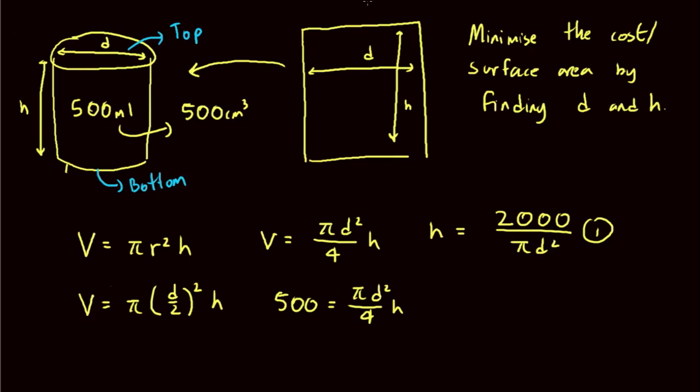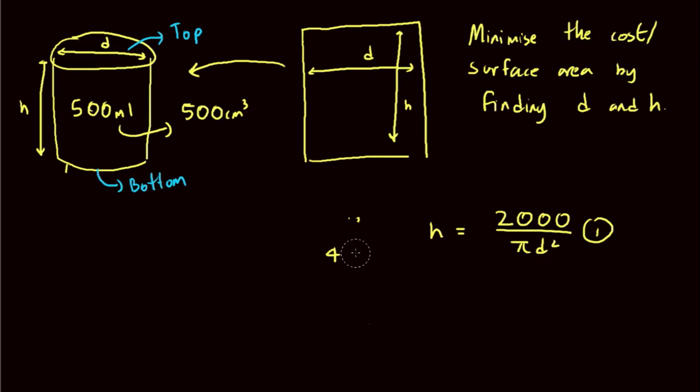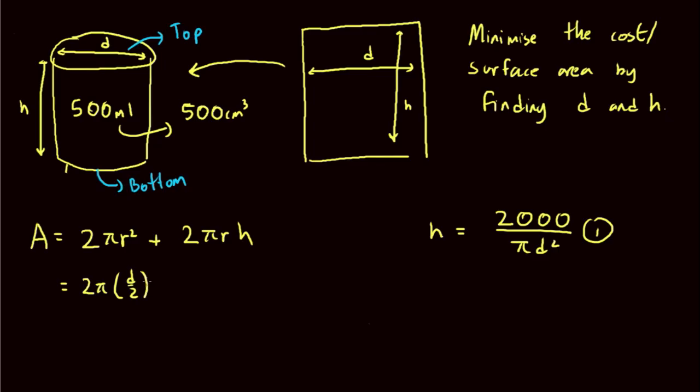Then of course, if we're erasing all this, we are going to write the surface area equation. The surface area equation is just 2 pi r square plus 2 pi r h. We can write it as 2 pi d over 2 squared plus 2 pi d over 2 h.